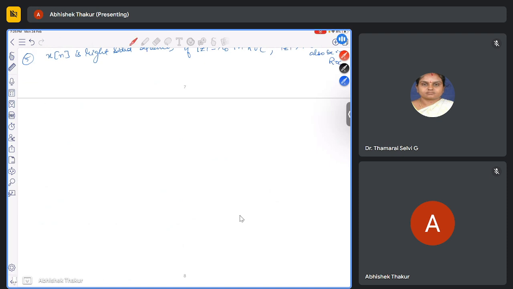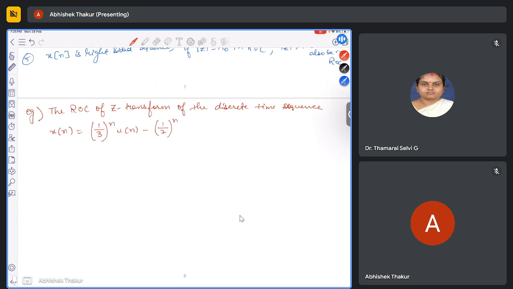So now let's take one example. The ROC of the Z transform of the discrete time sequence x[n] = (1/3)^n u[n] - (1/2)^n u[-n-1] is.